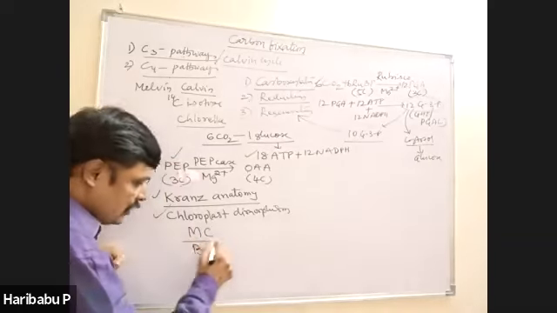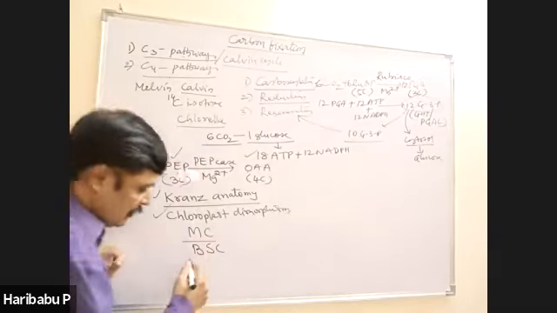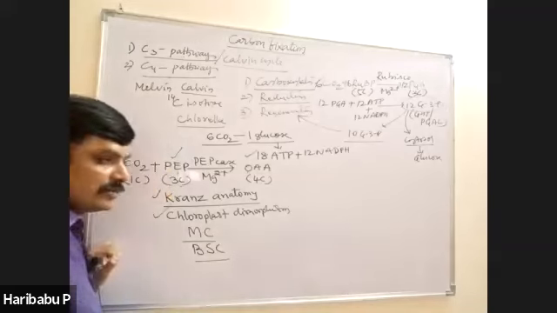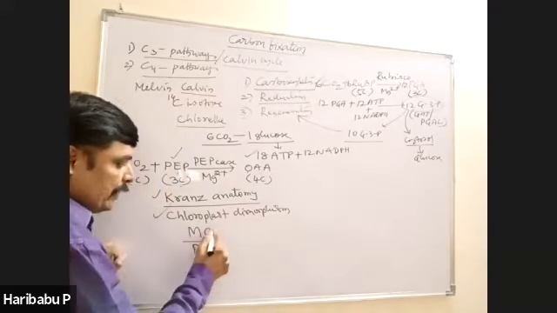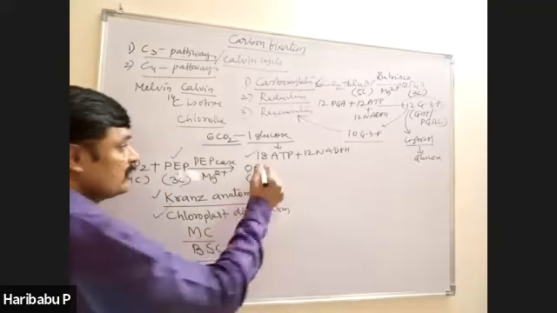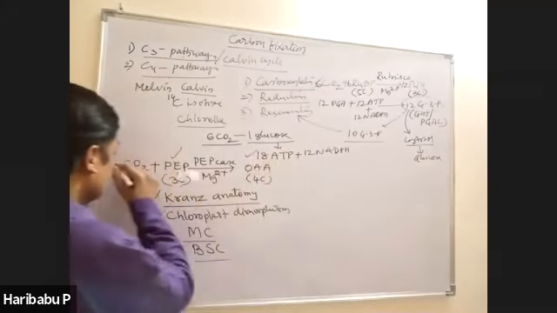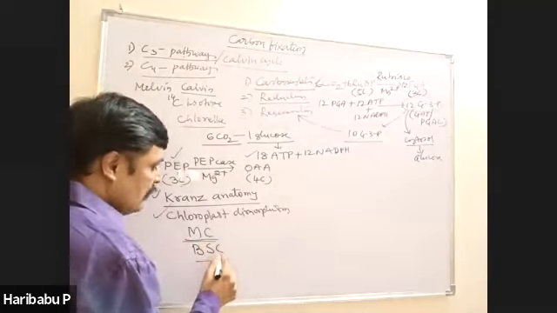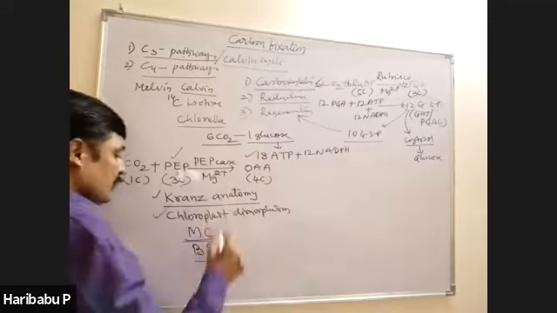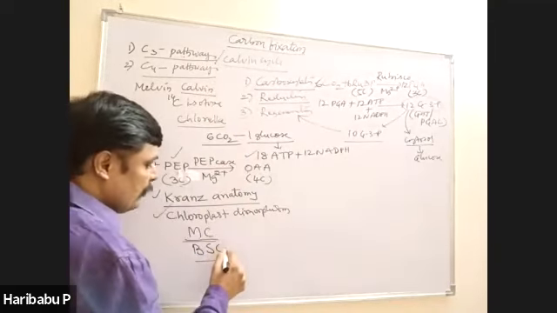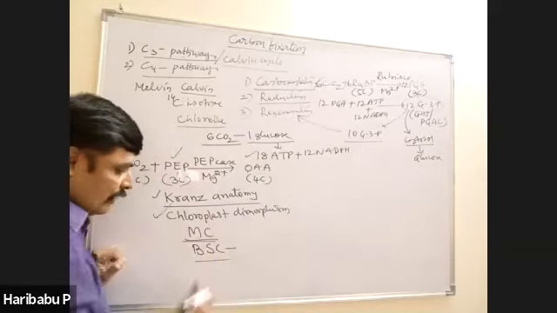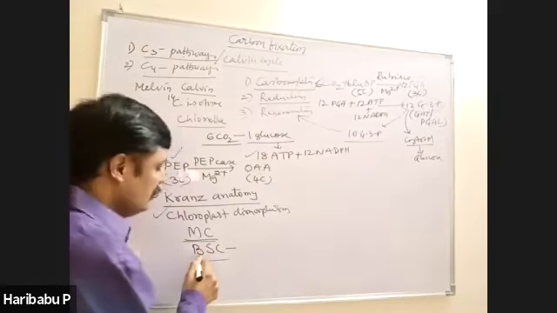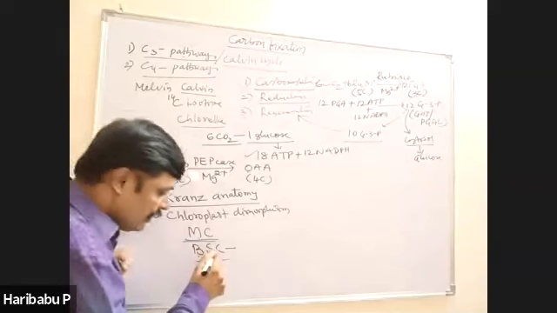Some reactions occur in mesophyll cells, some in bundle sheath cells. Primary carboxylation occurs in mesophyll cells. The Calvin cycle occurs in C4 plants in bundle sheath cells.